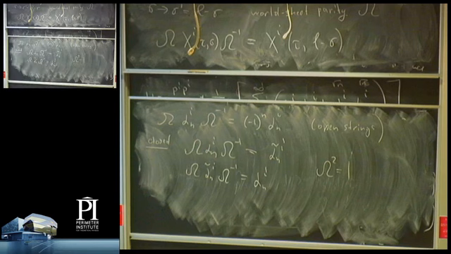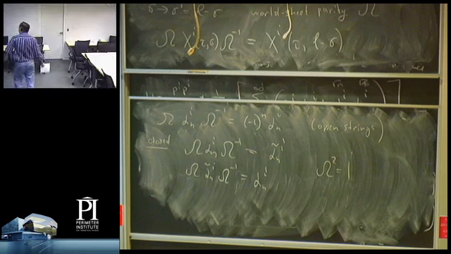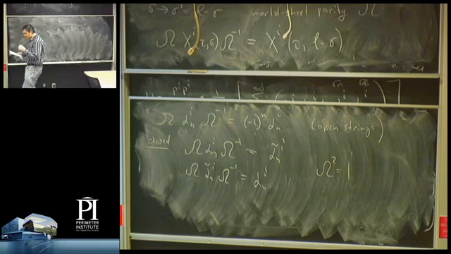So now we want to ask the question: once we have this parity operator, how do we construct states of unoriented strings? What we're going to do is assume that the vacuum of the string is invariant. So let's look back at open strings.